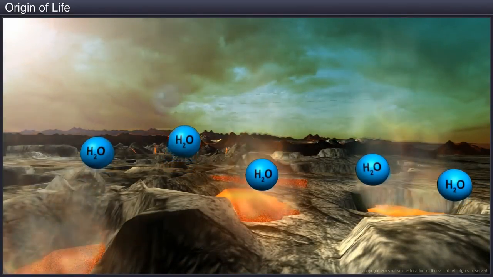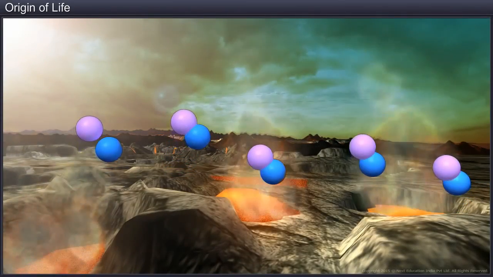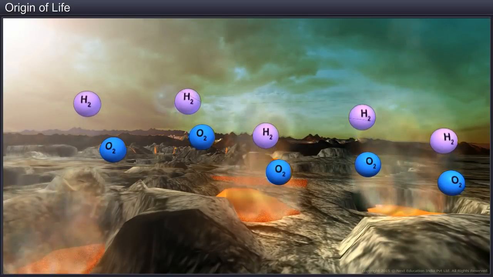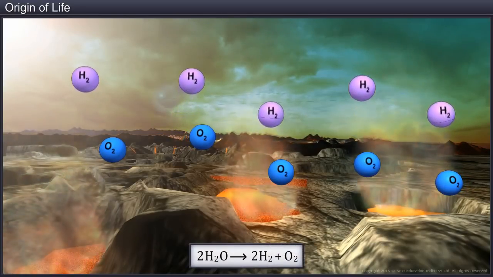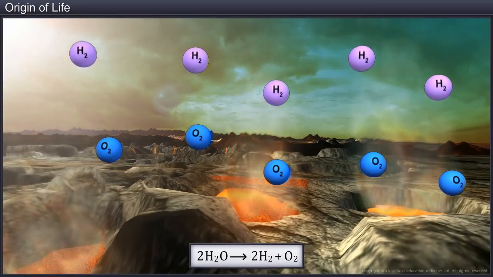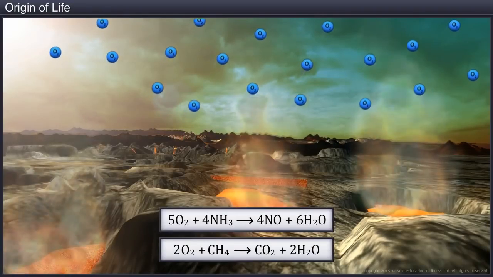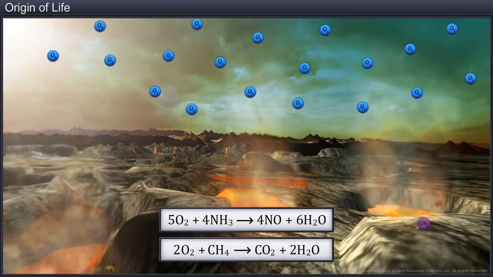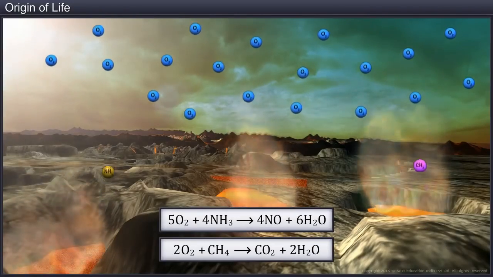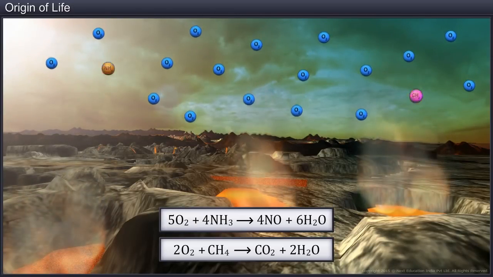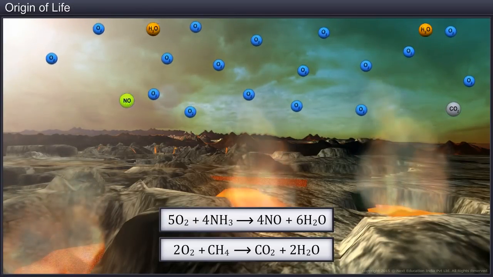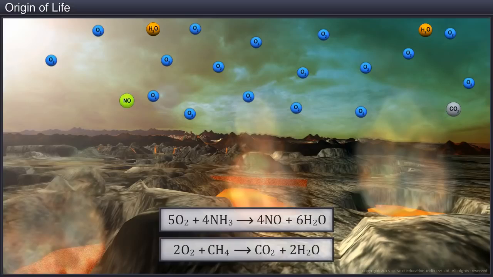Gradually, the ultraviolet rays of the sun broke up the water, which was in vapor state, into hydrogen and oxygen. Hydrogen, being a lighter gas than oxygen, escaped. Thereafter, oxygen combined with ammonia and methane, which led to the formation of water, carbon dioxide, and other gases.